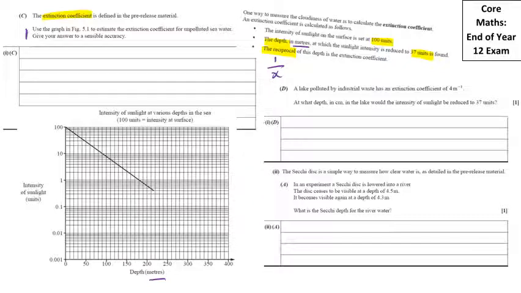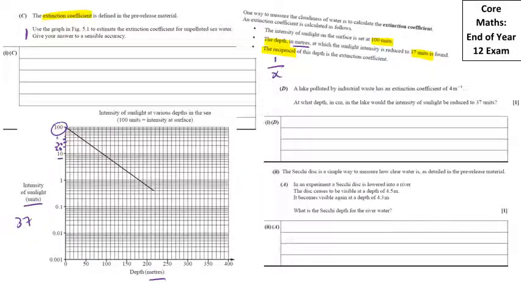And we're asked to use the graph to estimate the extinction coefficient for unpolluted seawater. So we need to find where 37 units is on the scale here, because we can see it starts at 100. So here's 10. Remember, with this semi-log graph paper that we've seen before, each one of these lines represents the next 10 going up. So that's 30 there.